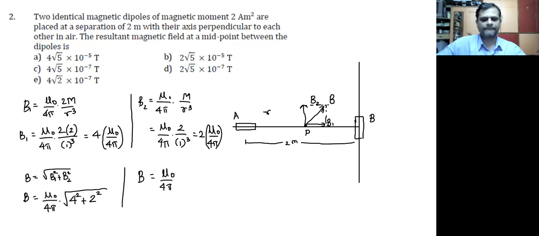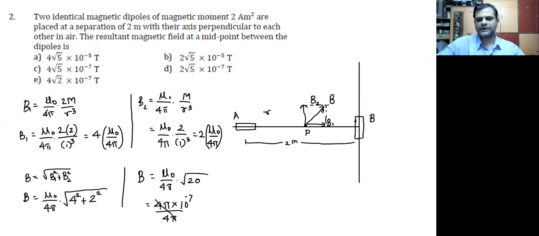mu naught upon 4 pi into, here it is, root of 4 square is going to be 16 plus 2 square is actually going to be 4. So 16 plus 4 becomes 20 here. And root of 20 can be written actually to be, yes, mu naught का value है ना हमारे पास, so we can just put it here. mu naught का value होता है 4 pi into 10 raised to minus 7, and that is to be divided by 4 pi kept as it is, so that this 4 pi will just get cancelled.